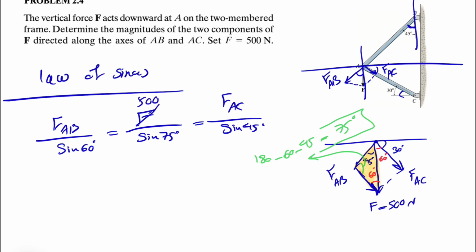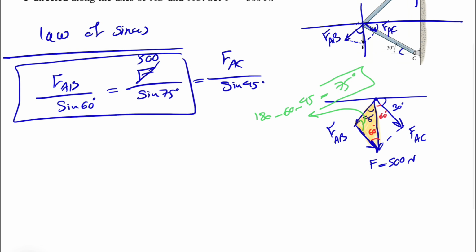We know F is 500, so we can pick these two to find FAB. FAB would be 500 times sine of 60 divided by sine of 75 degrees.